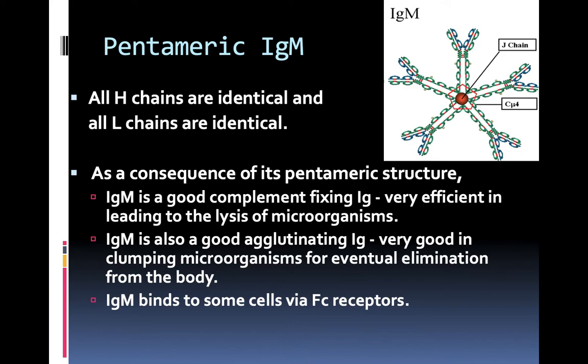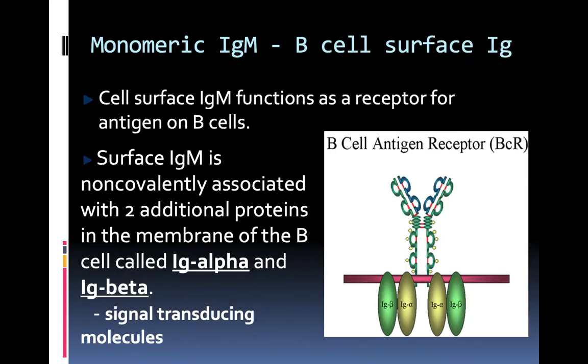IgM is also good in terms of agglutination, primarily because of the structure. It can help in clumping microorganisms for succeeding elimination from the body, primarily by phagocytosis or other antibody-dependent means of foreign pathogen elimination. Then also IgM can bind to some cells using the Fc receptors.